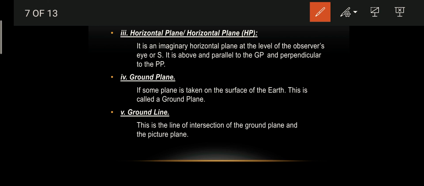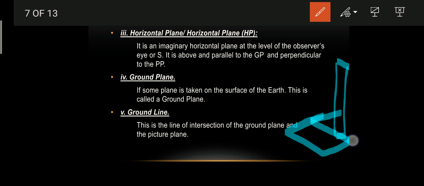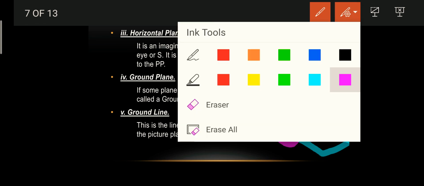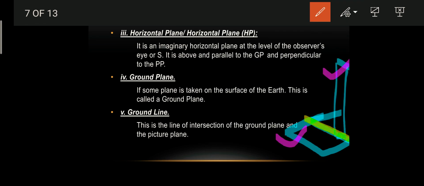Like, if this is the picture plane and this is the ground plane, this whole is the ground plane, and these two planes are intersecting at this point, and this line is called the ground line.